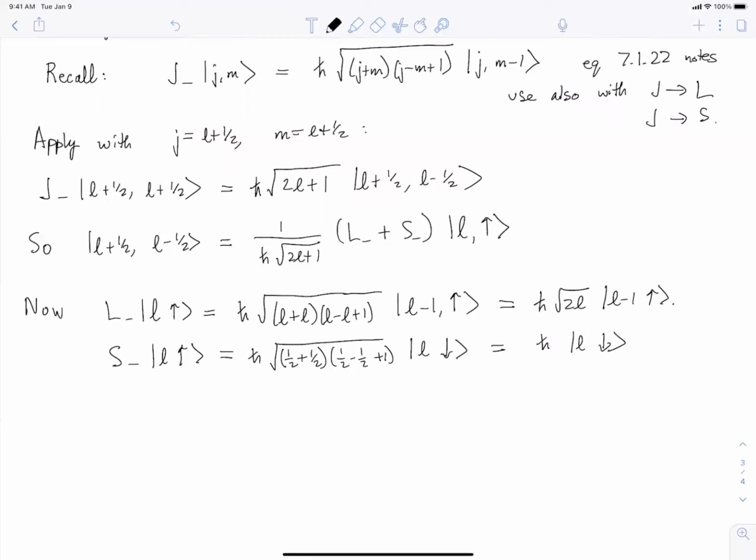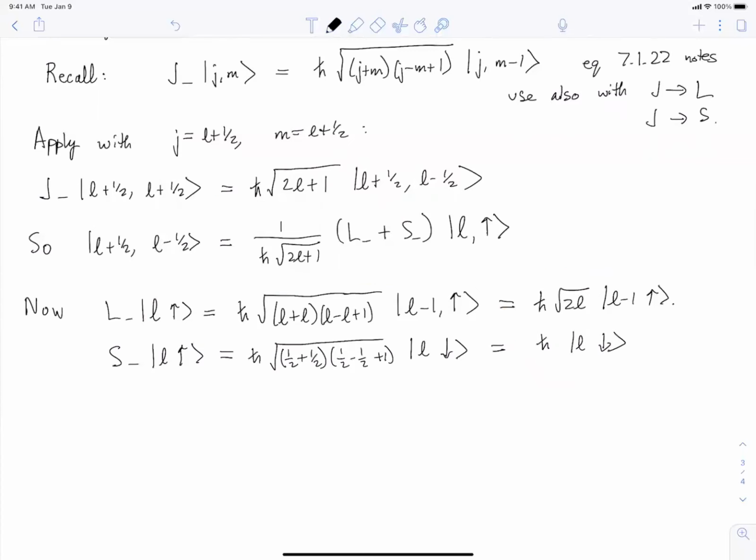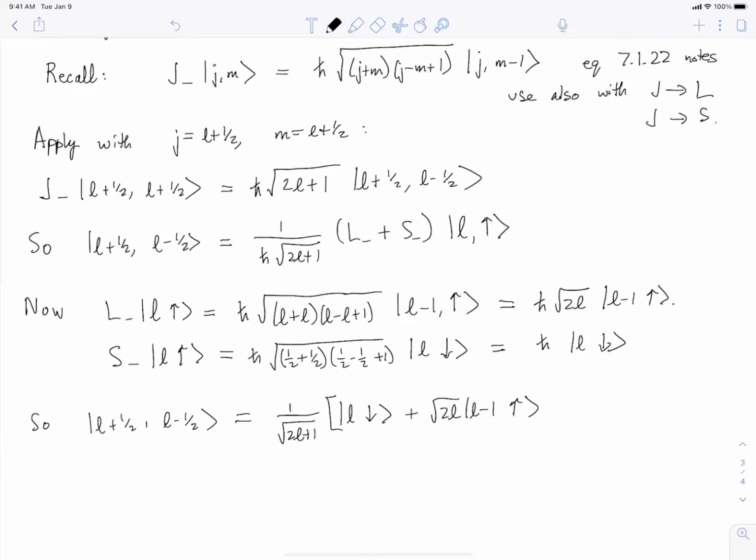Okay, and now we're finally ready to put this together with these two things. And we get that L plus 1/2, L minus 1/2 in the total angular momentum basis is equal to 1 over square root of 2L plus 1. The h bars cancel, and we get L down arrow plus square root of 2L, L minus 1 up arrow.